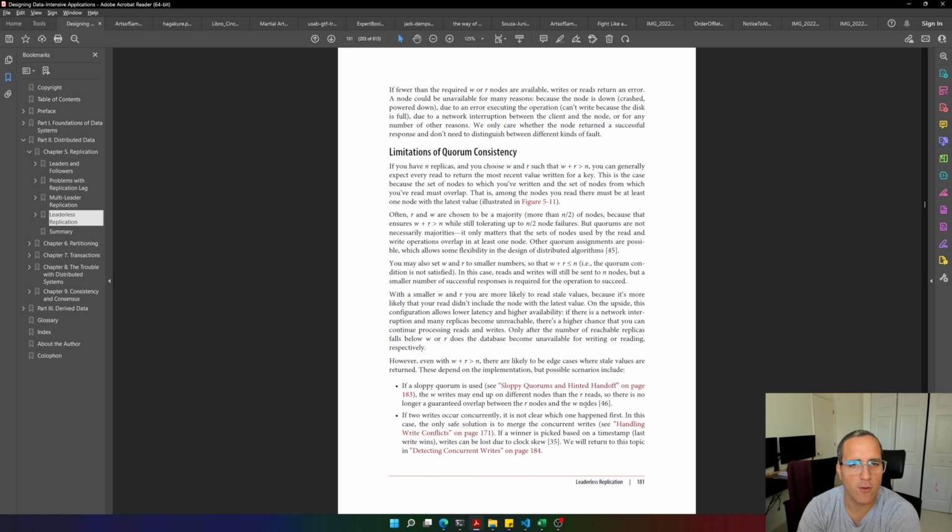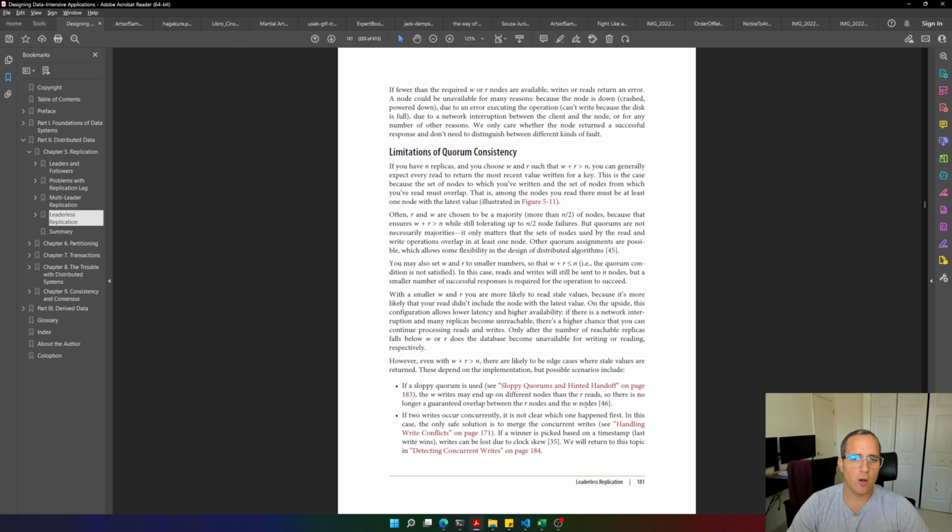Often r and w are chosen to be a majority, more than n / 2 nodes, because that ensures w + r > n while still tolerating up to n / 2 node failures. But quorums are not necessarily majorities. It only matters that the sets of nodes used by the read and write operations overlap in at least one node. Other quorum assignments are possible, which allows some flexibility in the design of distributed algorithms.